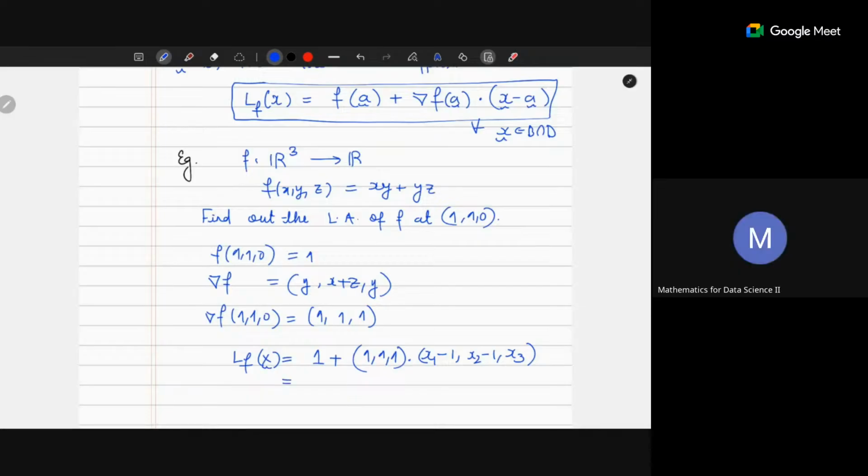Then it will be x1 minus 1 plus x2 minus 1 plus x3 plus 1. So this is the linear approximation of the function near the point 1, 1, 0 for some small ball containing that point.